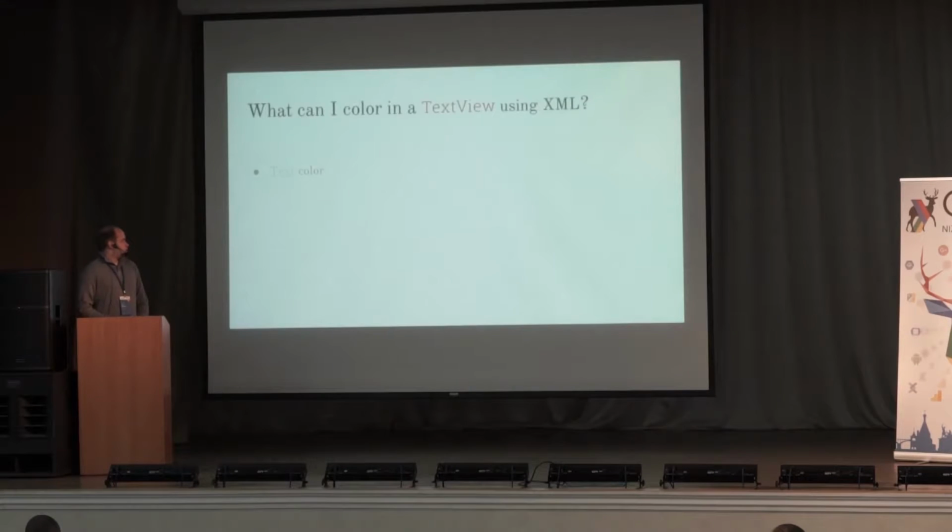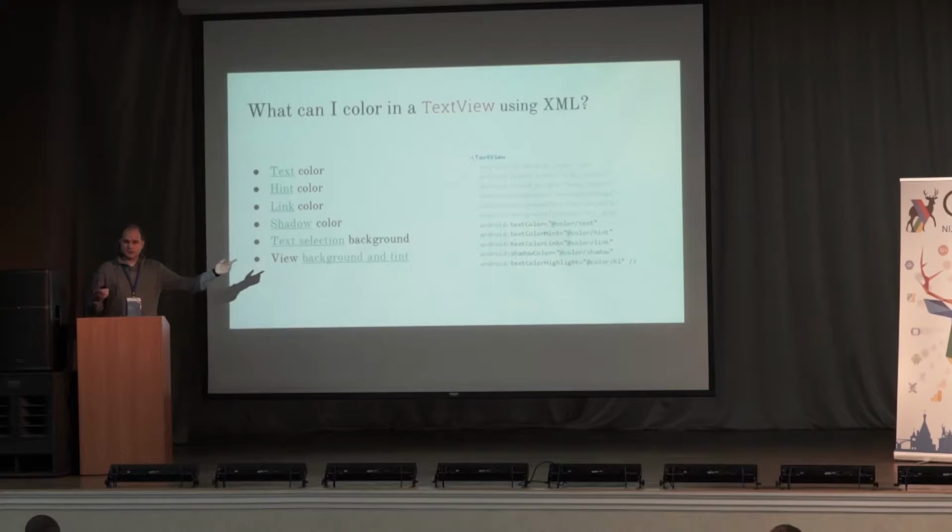And for the TextView, you have a couple of these actually. So the text is obvious, and then hint, it's the text when you have nothing entered in your TextView. It's in gray. It looks like it's disabled. It says type in your text here. So that's a hint. And then links, when you're using automatic linking with Linkify or whatever, you can color these links to follow your branding.